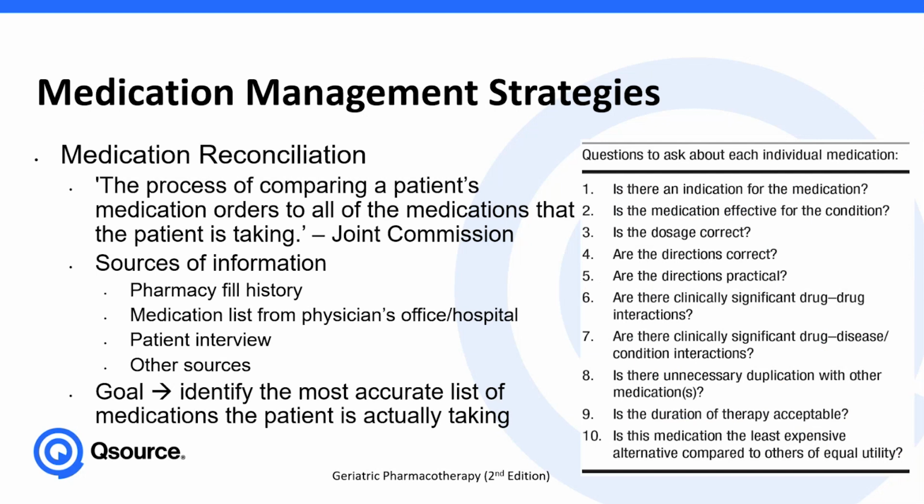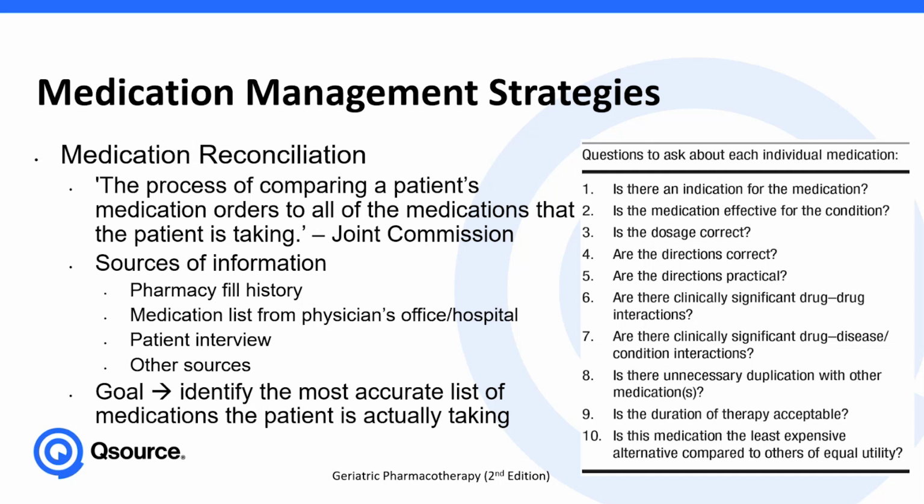So med reconciliation is the process of comparing a patient's medication orders to all the medications that the patient is taking. I have a list of questions that you should ask about each individual medication that get to not only an appropriate medication reconciliation, but also get to medication appropriateness and get to underprescribing and overprescribing.